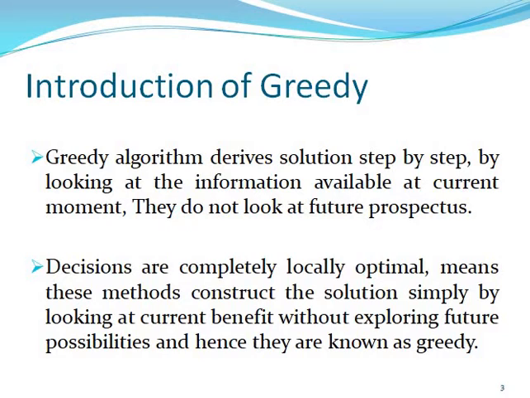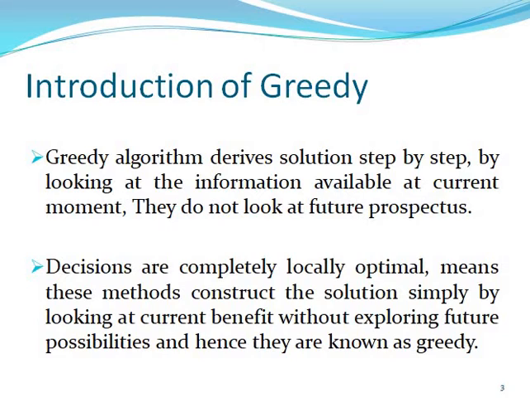The decisions are completely locally optimal. It means the method constructs the solution for the current benefit without any analysis of future possibilities. In the current situation, whichever is better, you can perform the greedy algorithm. So this is the importance of the greedy algorithm.